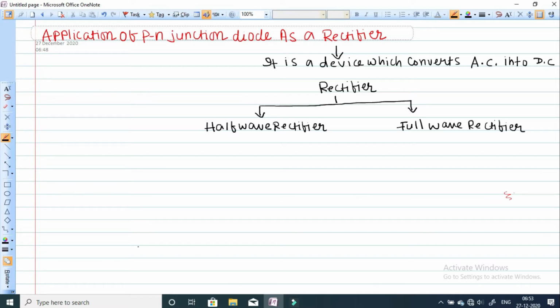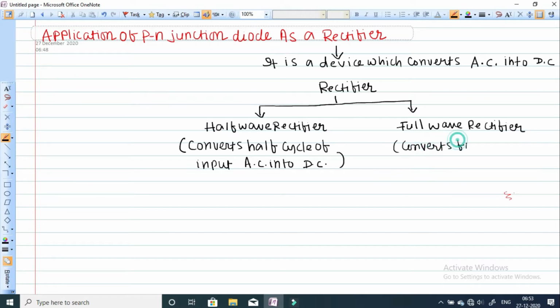Half wave rectifier will convert the half cycle of input AC into DC, and the full wave rectifier will convert the full cycle, meaning the complete cycle, of input AC into DC.